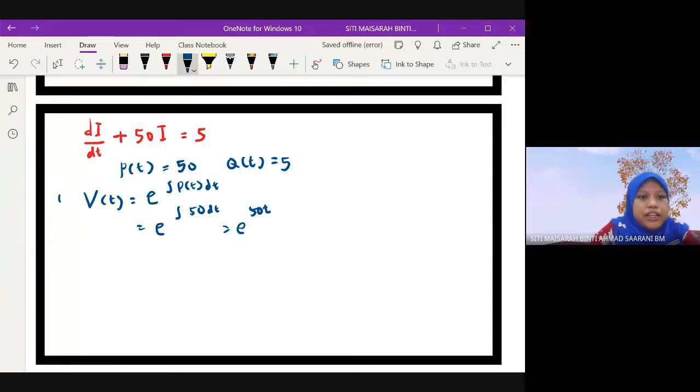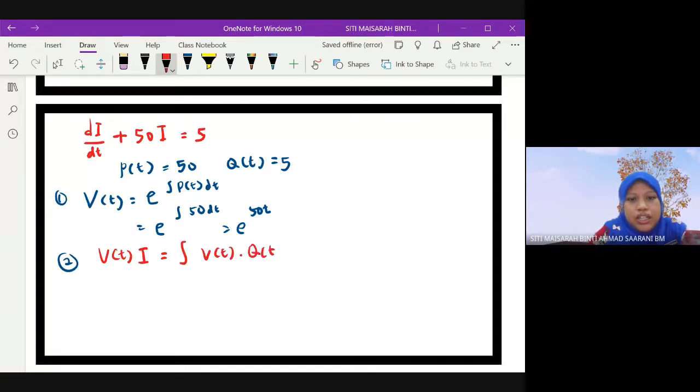So ni nombor satu kan. Lepas tu yang second, V in term of T times dengan Y, dalam kes ni dia punya variable dia I, equals to integrate V in term of T times dengan Q in term of T dt. So then E50T times dengan I equals to integrate E50T times dengan 50 dt. Okay. So then kat sini 50 ni sebenarnya boleh terbalikkan dia lah.